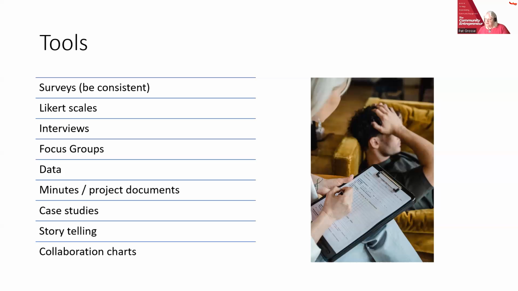Likert scales, the smiley faces or the 1 to 5s, are a good measure, especially when you have people who may have some literacy challenges, shall we say. Sometimes they might be more responsive to how they feel on a 1 to 5 scale or smiley faces.